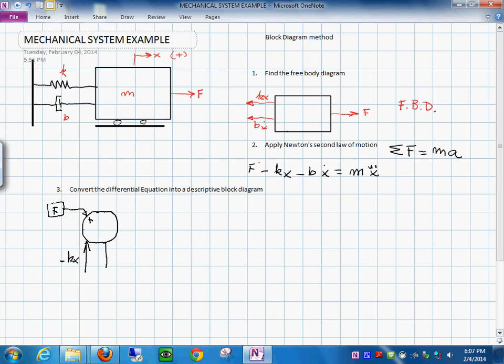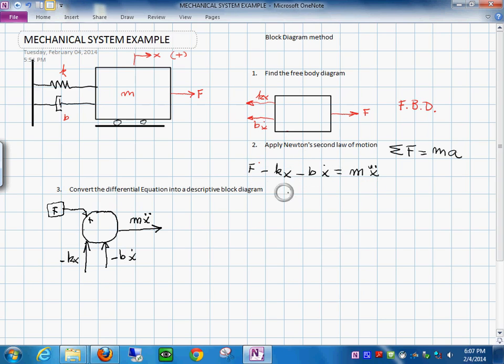I have an input of this force minus b times x dot. This is equal to m x double dot. So this little picture is a description of this equation.